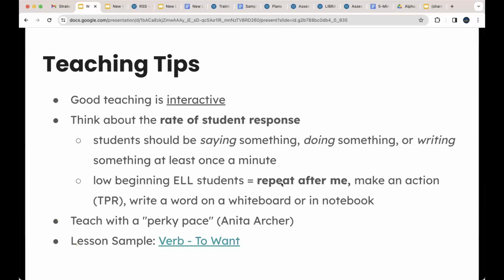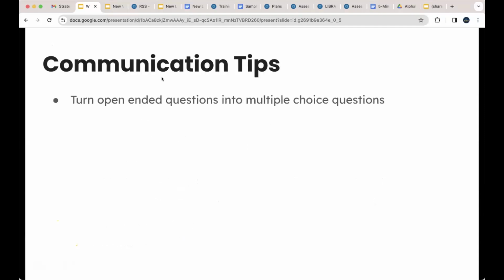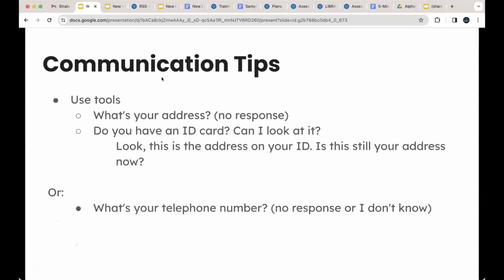You can have them repeat after you, make actions. Later in this slideshow lesson, there's an opportunity to write some simple sentences, and you want to keep that pace moving along. All right, so these next communication tips, I'm actually going to skip, but they are there for you to read if you would like to come back to this slideshow.